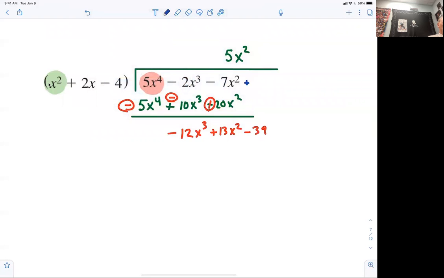Good. Plus 0x. All right, there's got to be a placeholder for that. And then what was the number again? 39. Minus 39. So technically, this right here should have been a 0x.